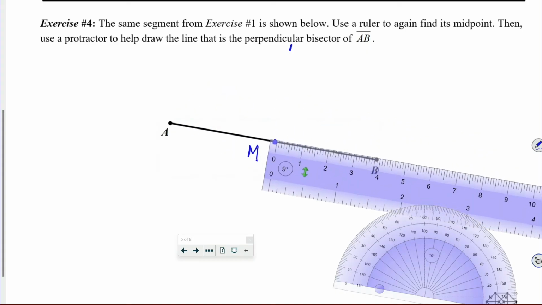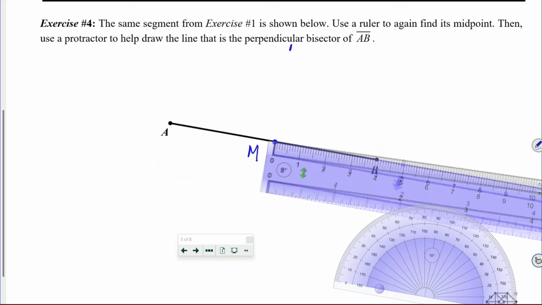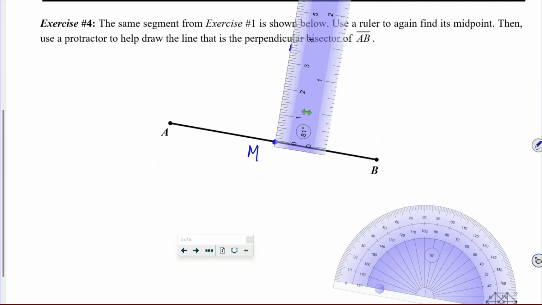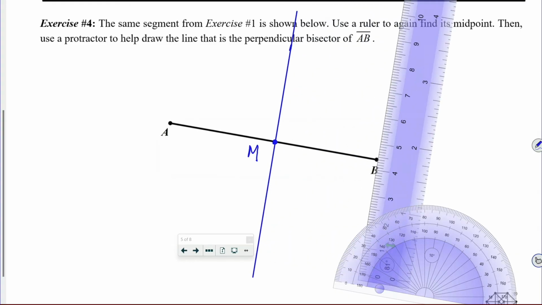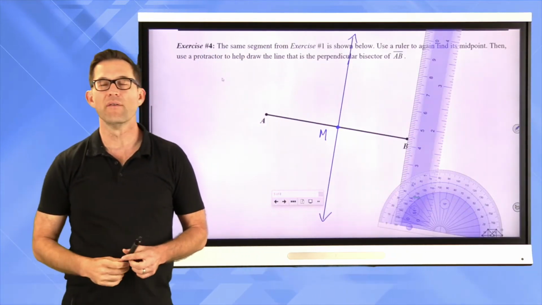And now bring my straight edge up. Should be a little bit easier for you than for me. And let's draw our perpendicular bisector. There it is. The perpendicular bisector of AB.